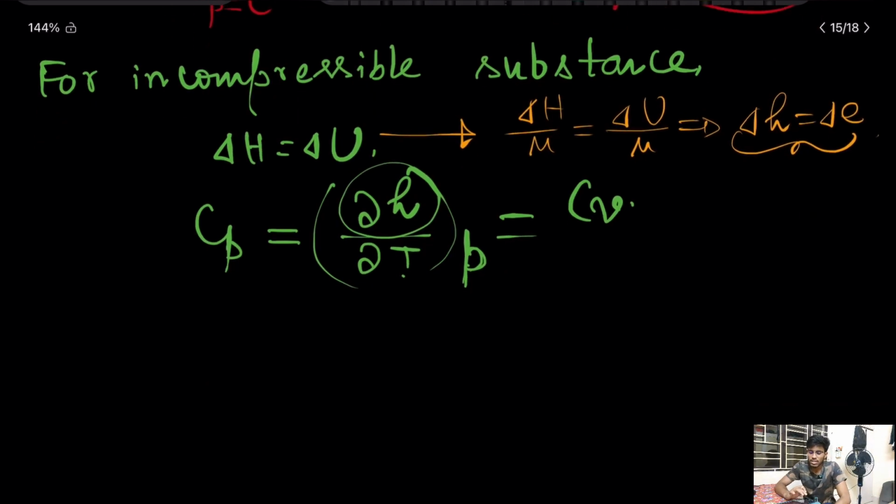So for my incompressible substance, especially for a solid and also for a liquid, I have Cp equal to Cv equal to C.